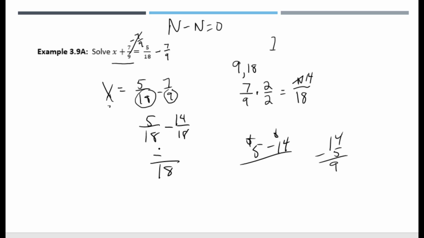So this is a negative 9/18, which also is a negative 1/2 if I reduce this fraction. 3 times 3, or 6 times 3, the 3's cancel. 3/6 is the same as 1/2, negative. So the answer is x equals negative 1/2 to make this equation true.